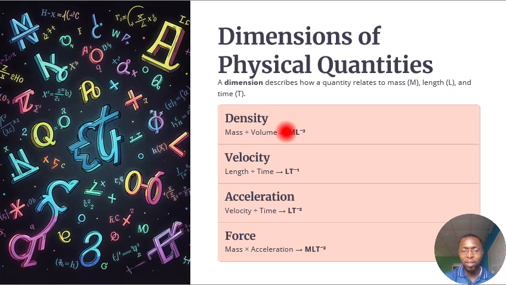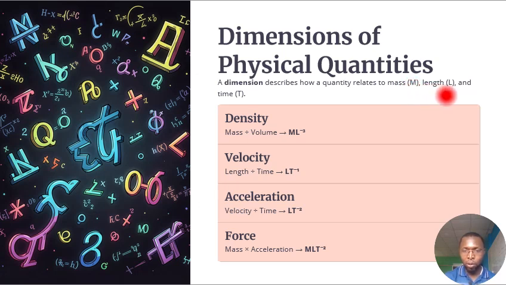And one distinct difference between dimension and fundamental quantities is that we use capital letters to represent dimension. For example, the unit of mass is kilogram. But when you talk about dimension, we use capital M to represent mass.